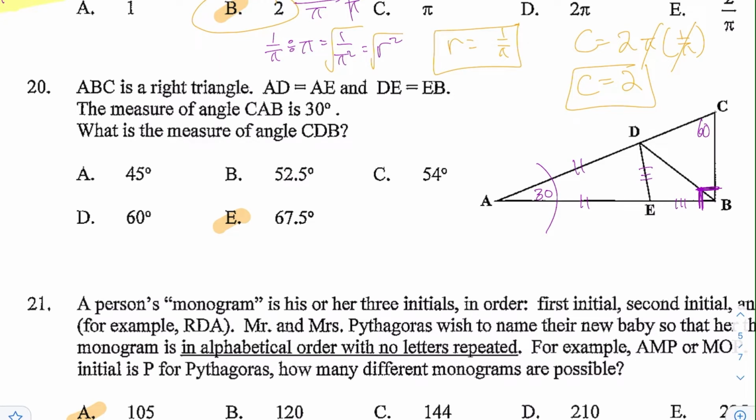So once you have that, then you can start filling in these smaller triangles. Triangle ADE is isosceles. So these two opposite base angles have to be equal. Take 180 minus 30, you get 150. 150 divided by 2 is 75. So each of these will be 75 degrees.